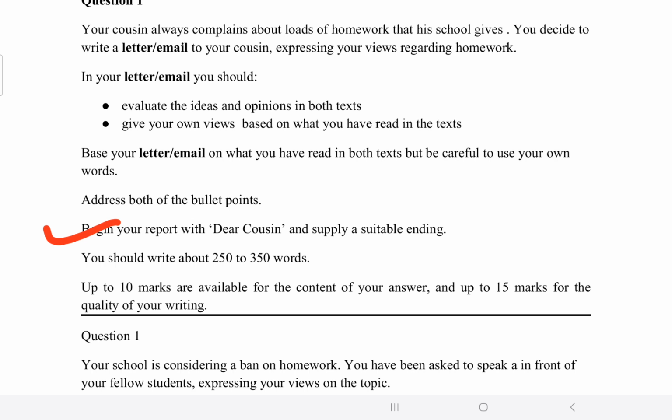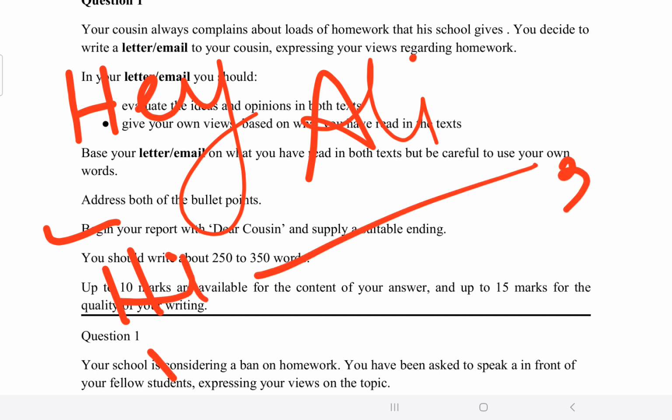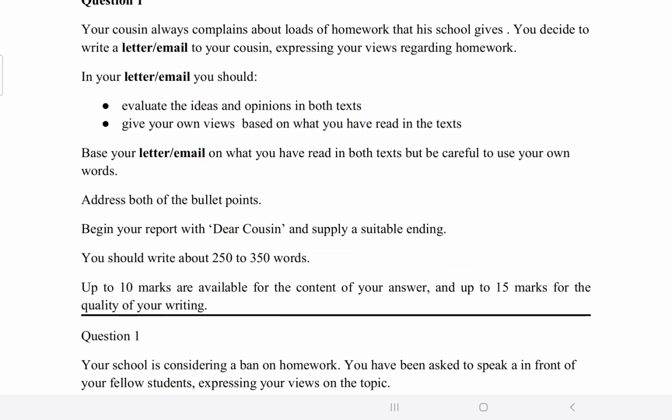If it is not given, you can start it in your own way if it is informal, like hey Ali, or hi and the name of your friend, or hello and the name of your cousin or your friend. You can just start them like that. That is letter and email.